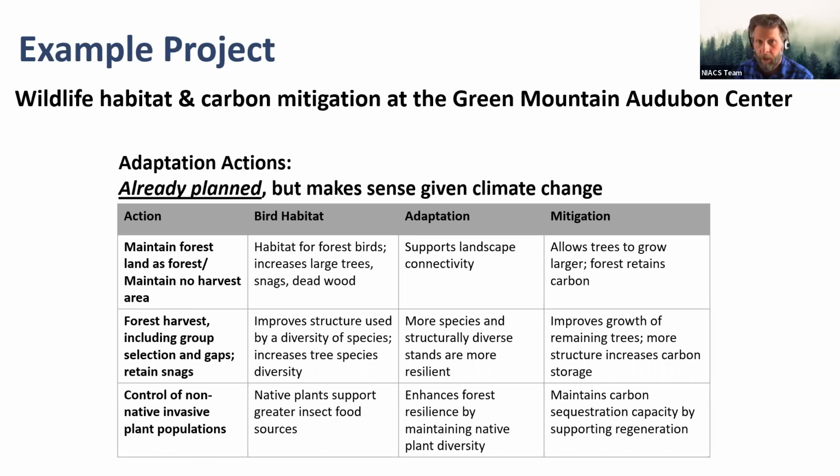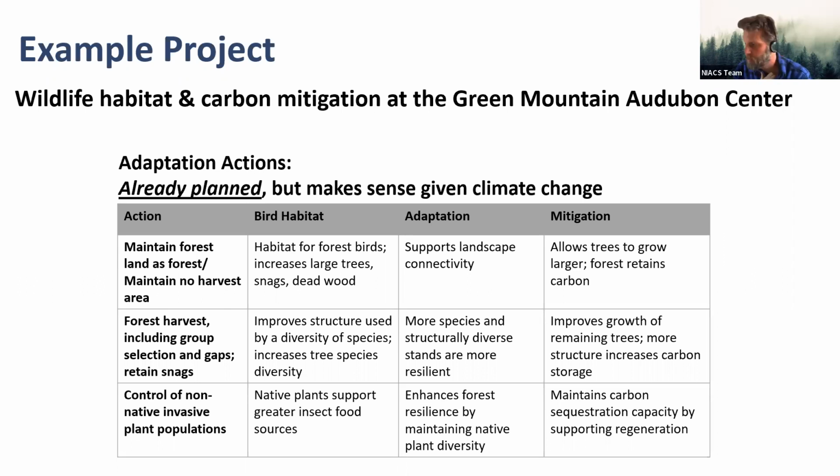One of their primary prescriptions was around group selection and creating gaps while retaining snags. And so this does a lot for enhancing the structural complexity and the structural heterogeneity of the property by creating these gaps and retaining the dead wood and snags. For adaptation, this creates more structural diversity, which benefits the resilience of the stand.